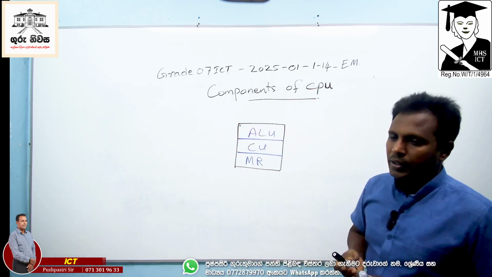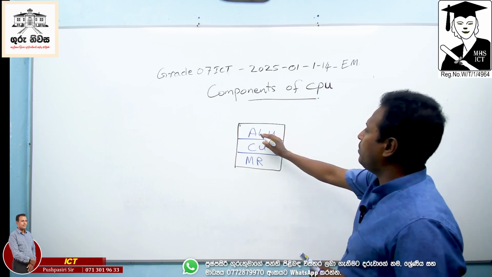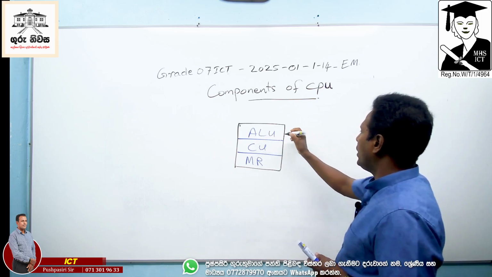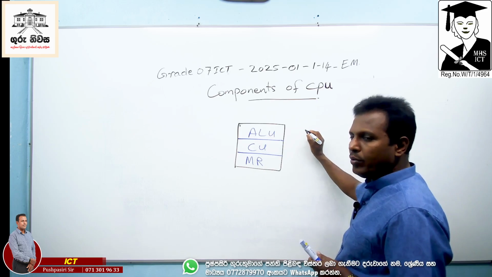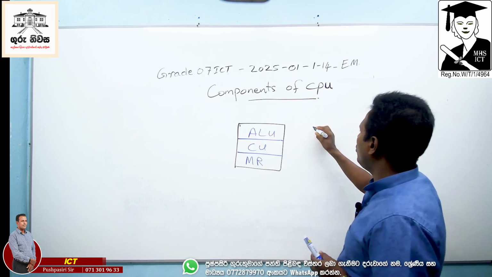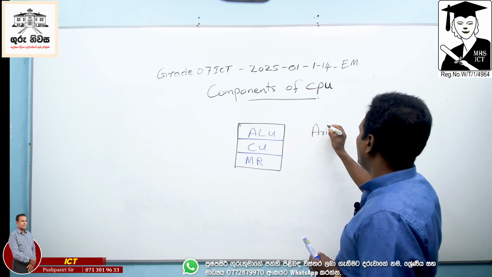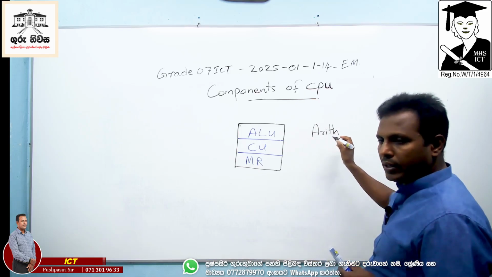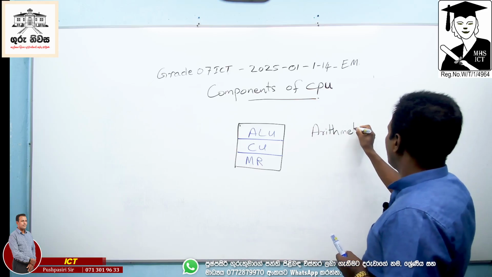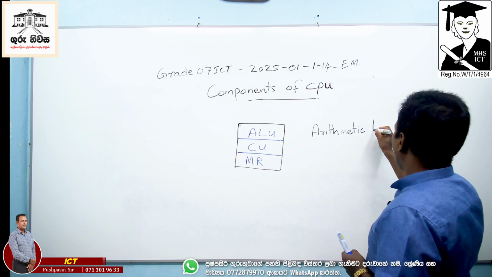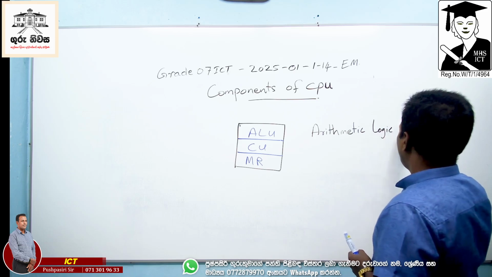Right. So what do you mean by ALU? You can write down some notes here. ALU means, A means arithmetic logic unit.